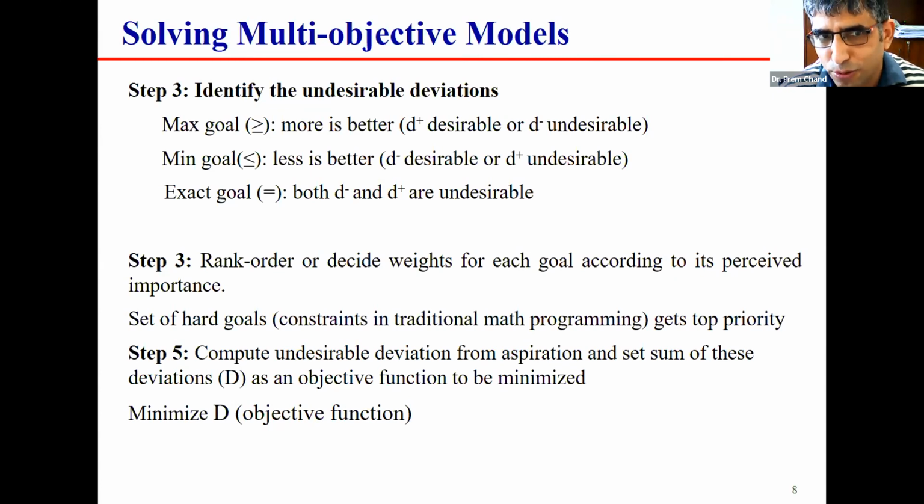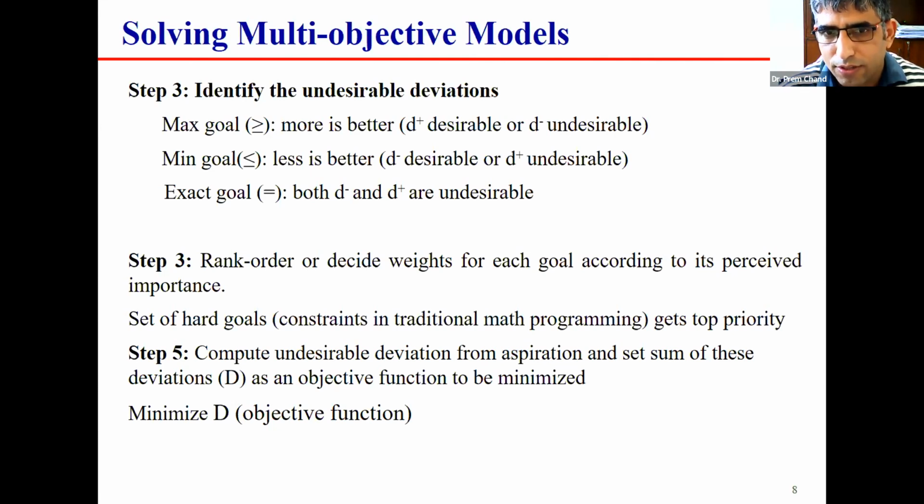For a minimization goal, positive deviations are undesirable. Suppose I want to minimize water, it should not go in excess; excess I want to minimize. For an exact goal, both positive and negative deviations are undesirable. I want neither positive nor negative.